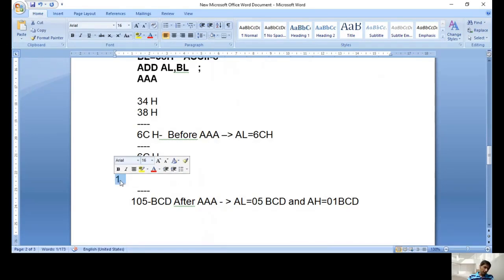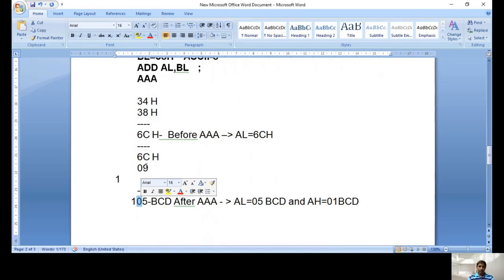That's why I am writing 1 in the next byte, not on the 6 side. The reason is that the higher 4 bits become masked off. Here 6 plus 0 is actually 6, but because of the AAA instruction, the higher 4 bits are masked off, and if the lower 4-bit value is more than 9, add 9. In that addition, if any carry appears, that carry goes to the next byte.